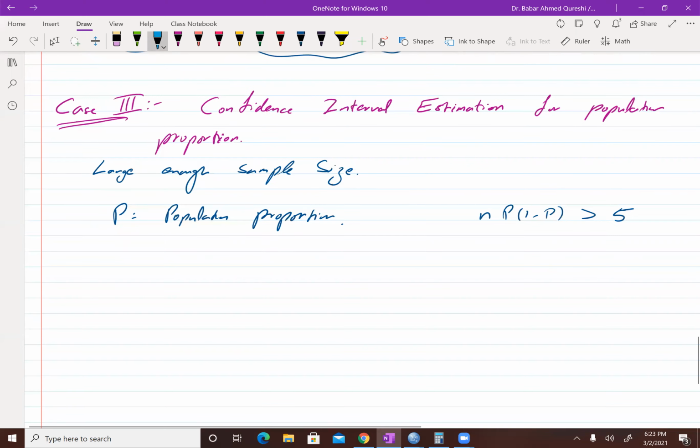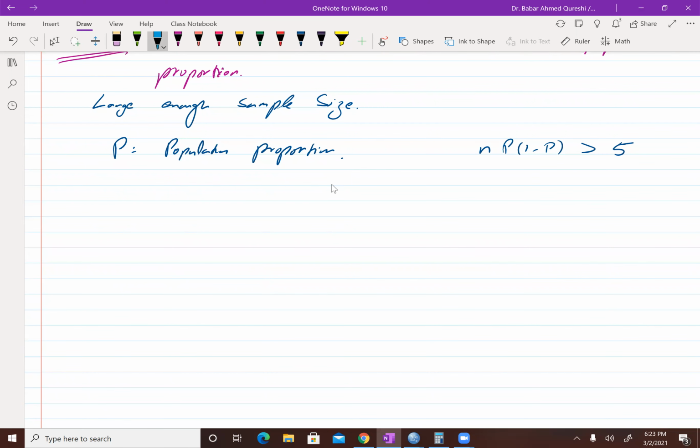So remember, we learned that if I compute the sample proportion, then this is obviously a random variable, but we found that its mean value is equal to the population proportion.